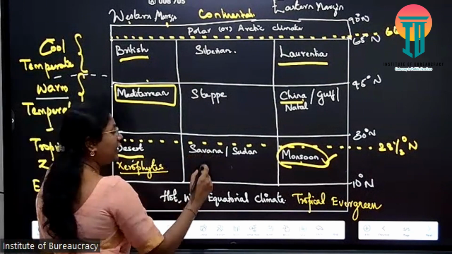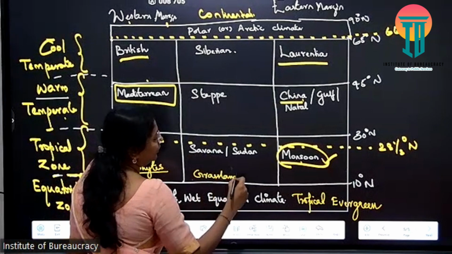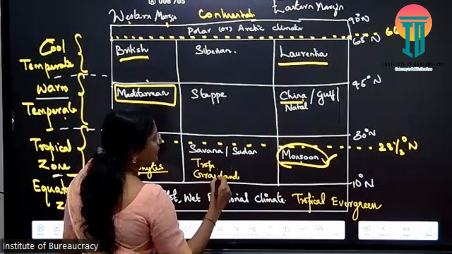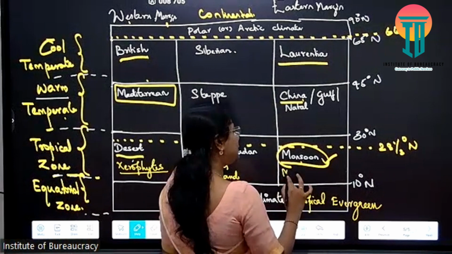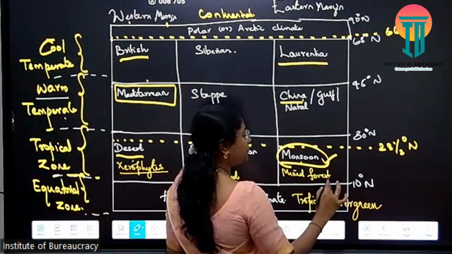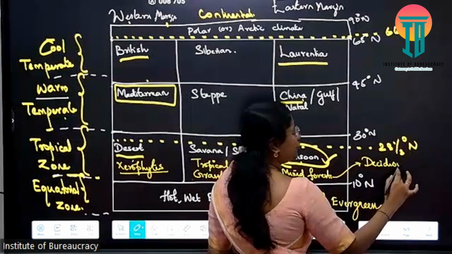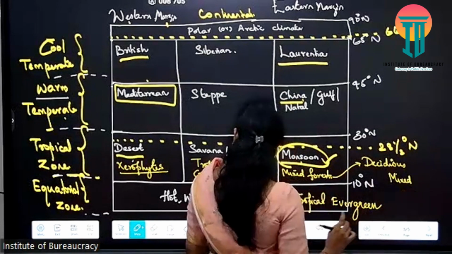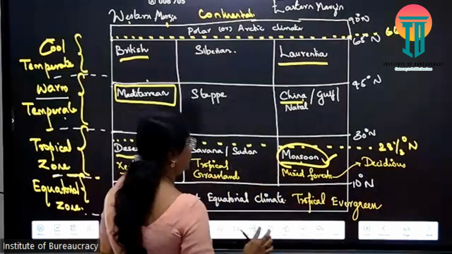Savanna is a grassland, in the tropical latitudes, so this is your tropical grasslands. Monsoon is a mixed forest, predominantly deciduous trees, sometimes also known as mixed monsoon forest.